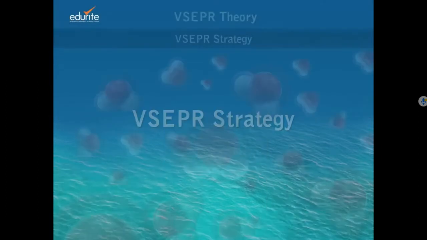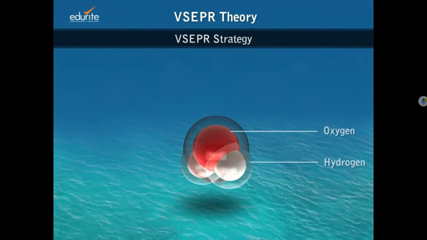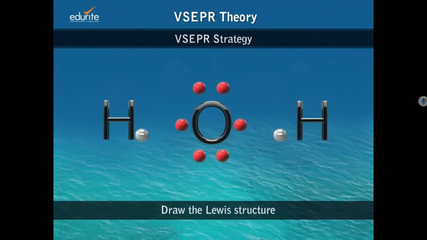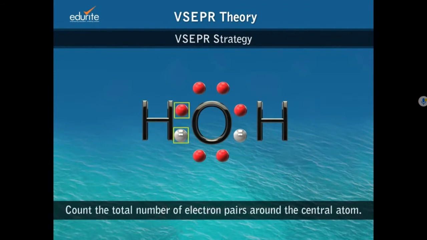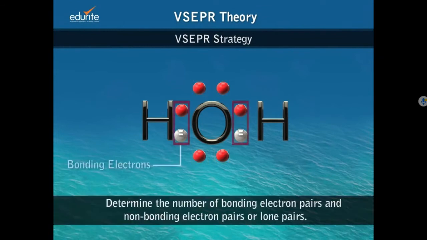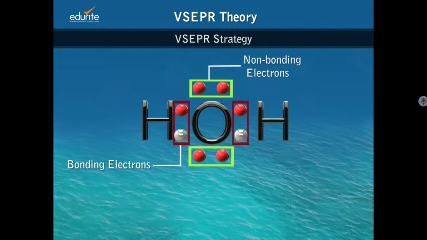VSEPR strategy. Let us now use the VSEPR strategy to predict the shape of a water molecule. First, draw the Lewis structure of the water molecule. Count the total number of electron pairs around the central atom oxygen in the molecule. Determine the number of bonding electron pairs and non-bonding electron pairs or lone pairs. A water molecule has 2 bonding and 2 non-bonding electron pairs surrounding the central atom, making a total of 4 electron pairs.